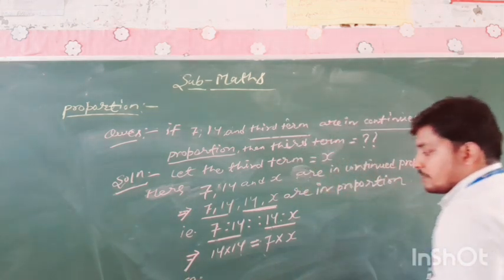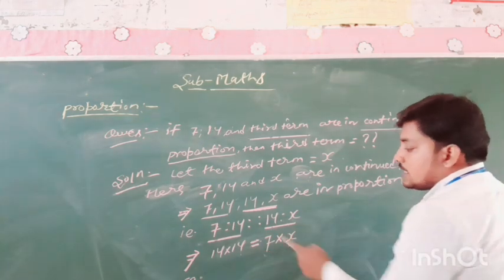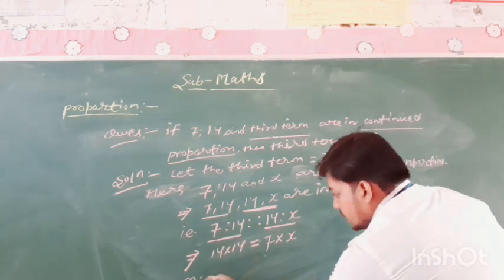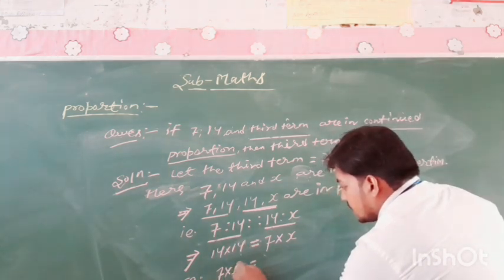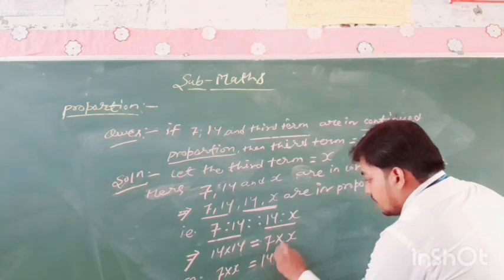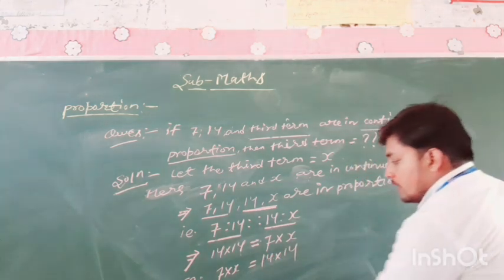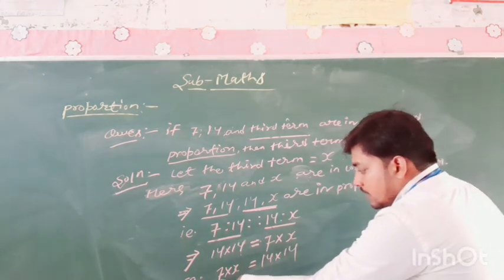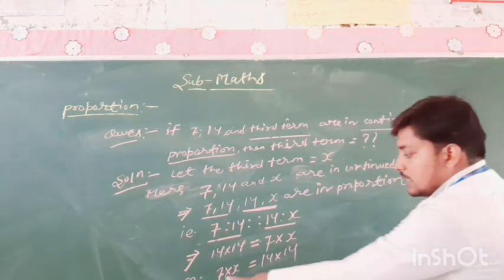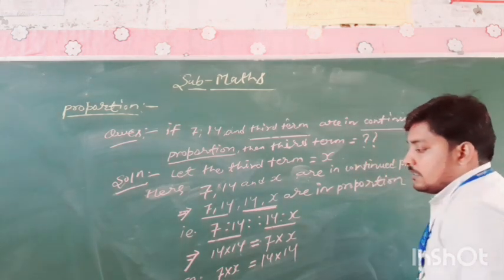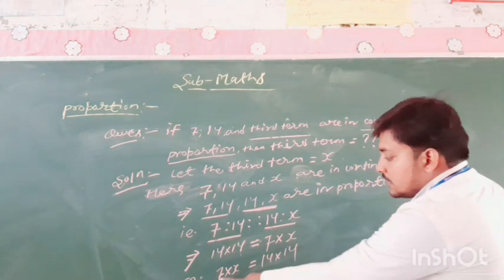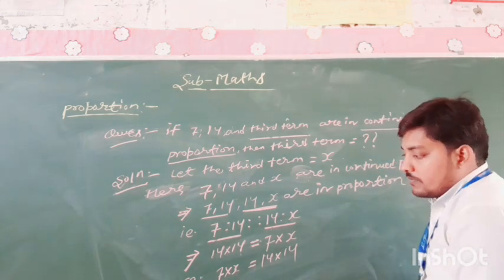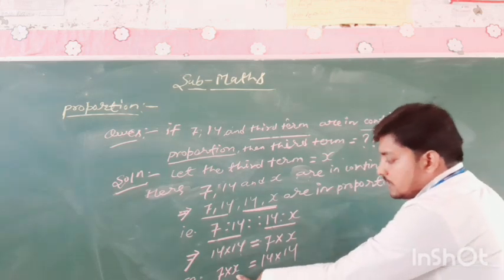So here we will change the side. So 7 into x is equal to 14 into 14. So here we will find the value of x. Then transpose 7.